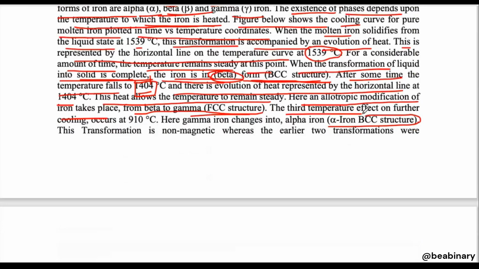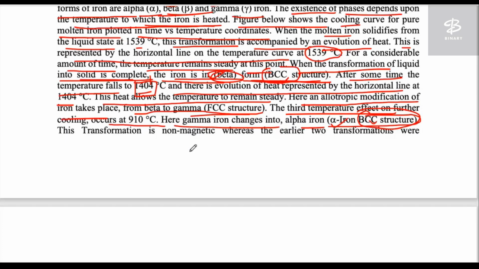The third temperature effect on further cooling occurs at 910 degrees C. Here the gamma iron changes into alpha iron of BCC. So here we have the body center, as we had the first one. But here we have the beta iron, and though we have the same BCC crystal structure, here it is the alpha iron.